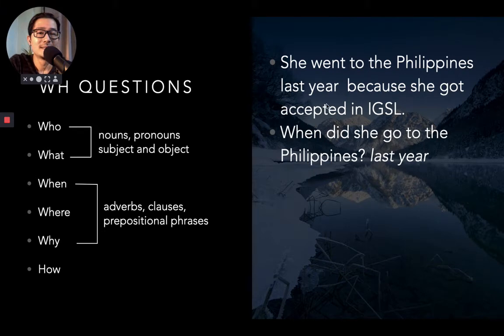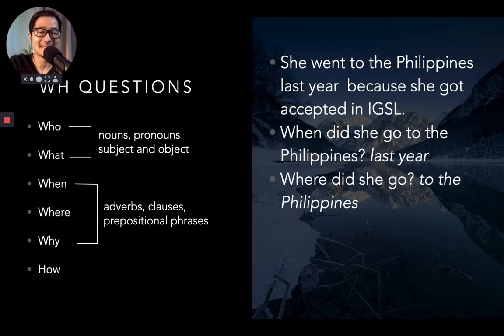Yes, you have there the Philippines, but you might want to include to also. Okay, let's try. Where did, yes, that's right. It's the same thing with when. Where did she went? No. Where did she go? To the Philippines. So when you answer a question like this, you need the preposition to.